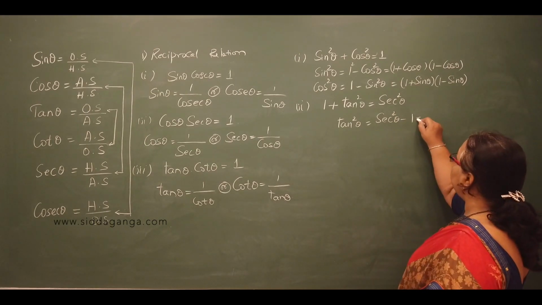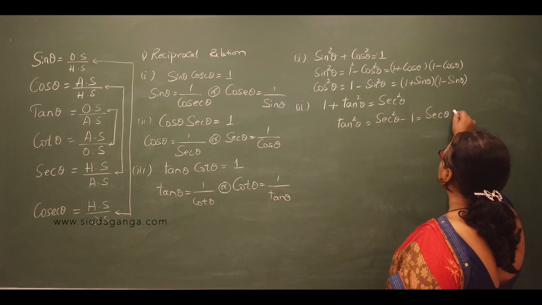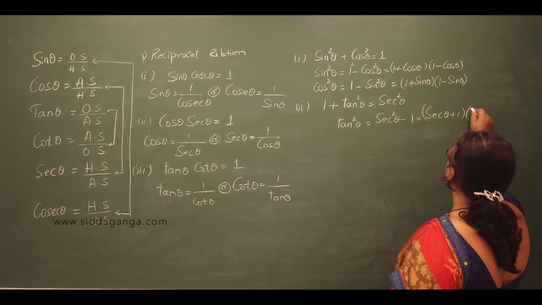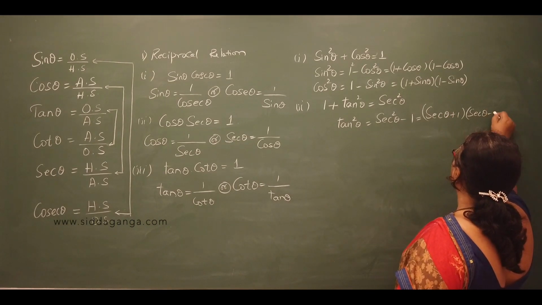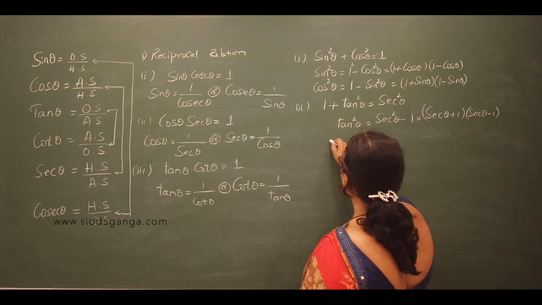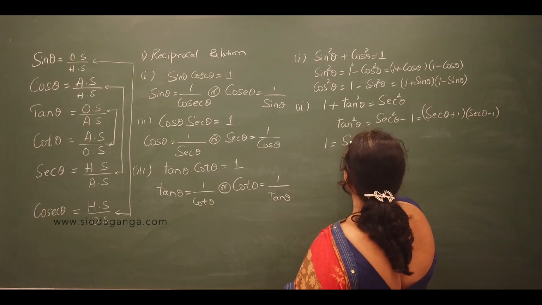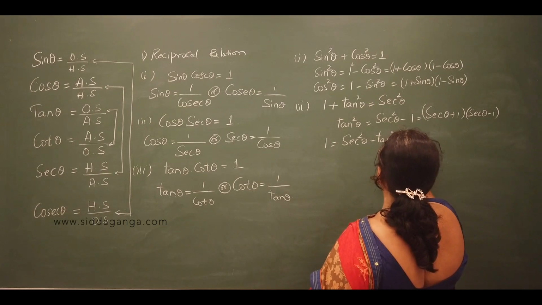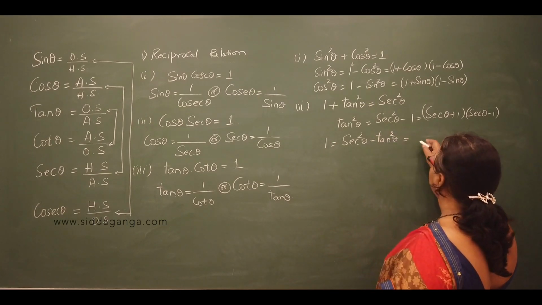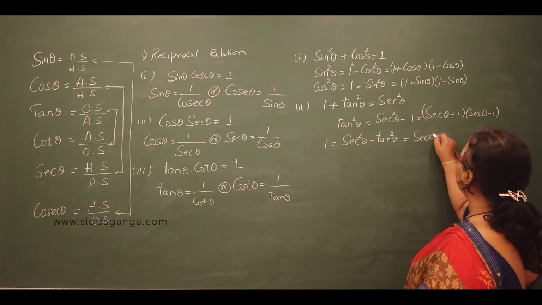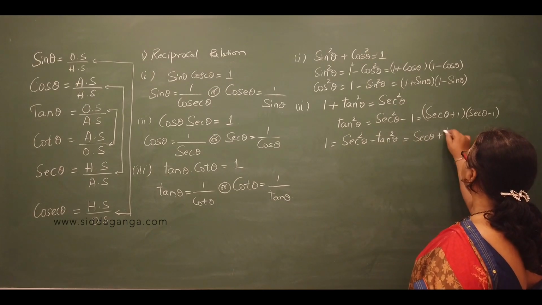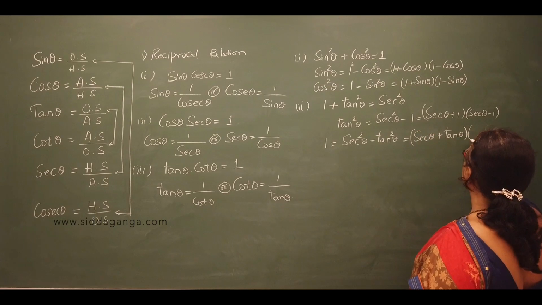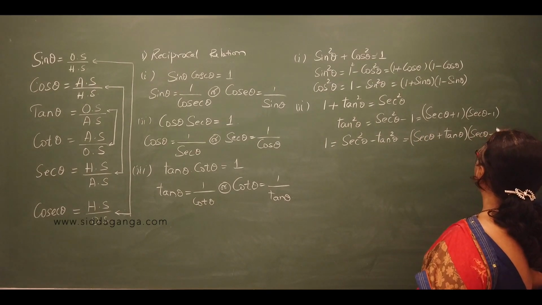This can also be written as secant theta plus 1 into secant theta minus 1, or 1 equals secant square theta minus tan square theta. This is equal to secant theta plus tan theta into secant theta minus tan theta.